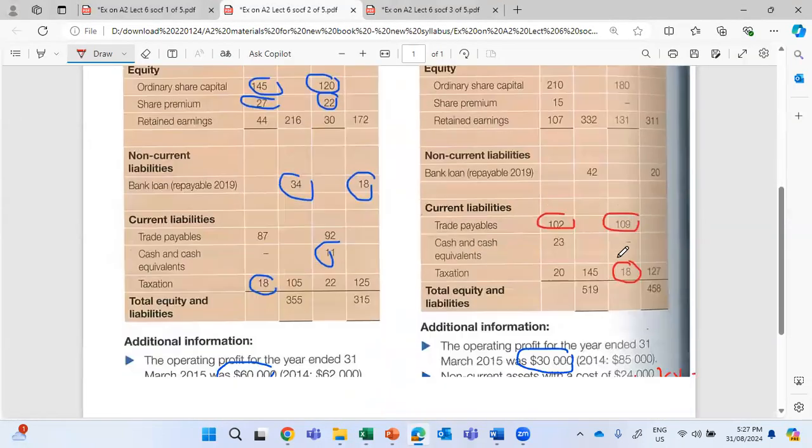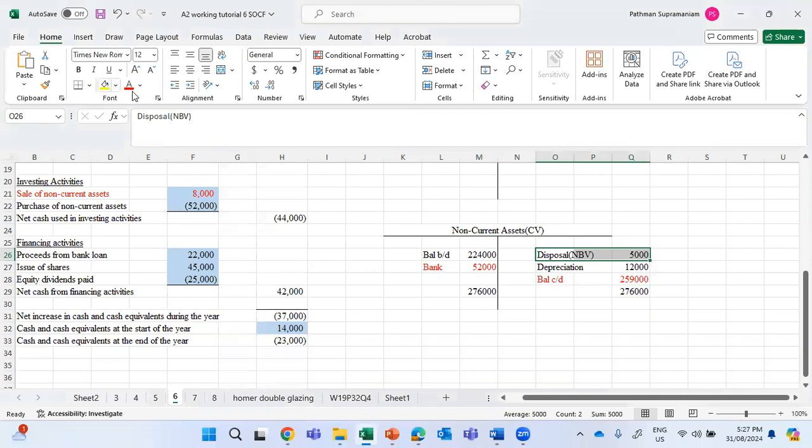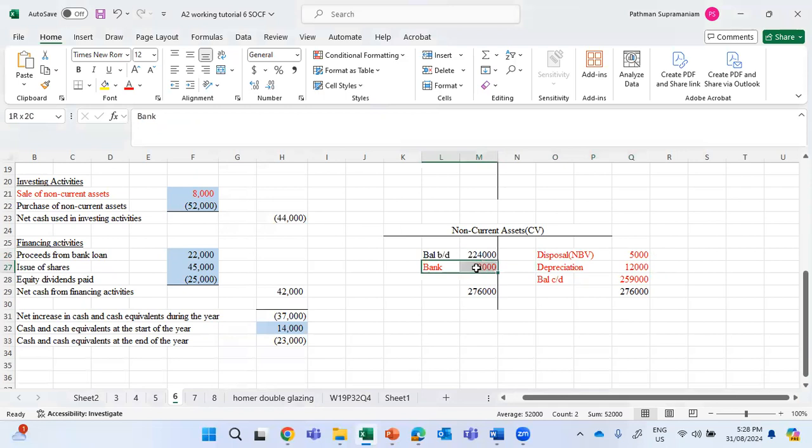Remember, I calculated it to be 5,000, the carrying value of the disposal. And then we need to put the depreciation, 12,000 coming from here. And we balance up the account, and this is the purchase of non-current asset. Okay, then you total it up.